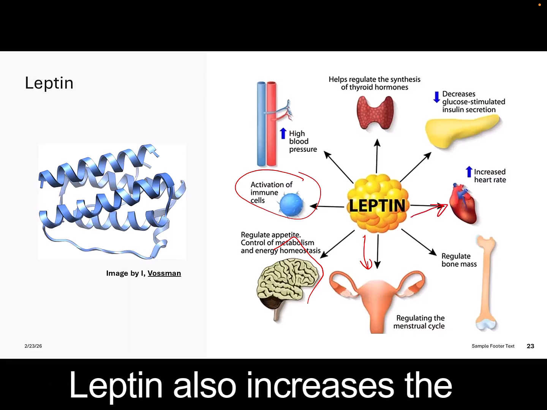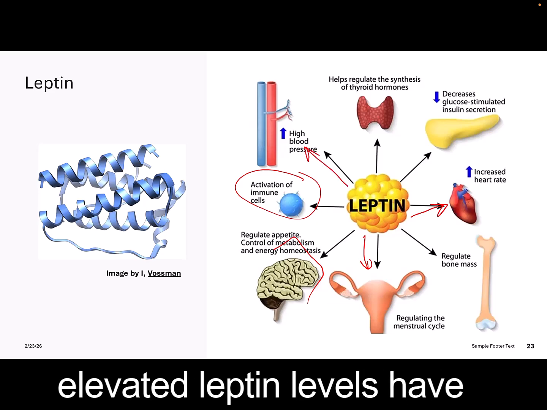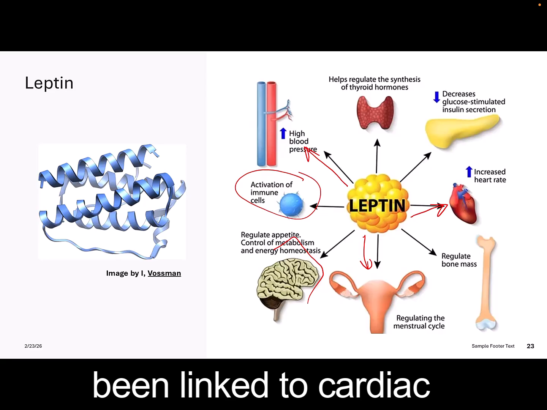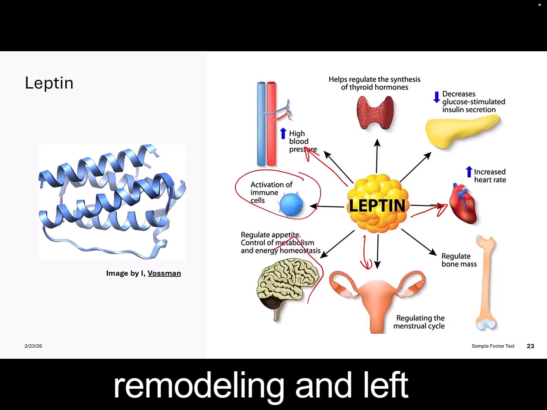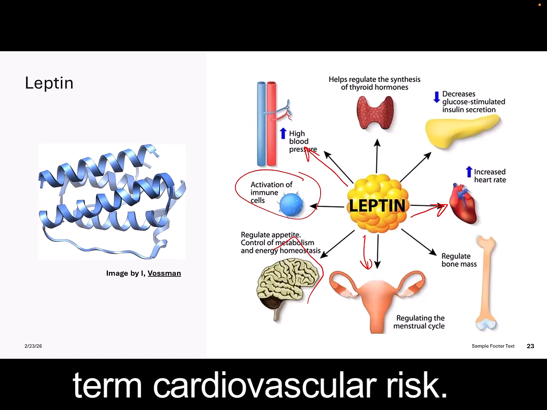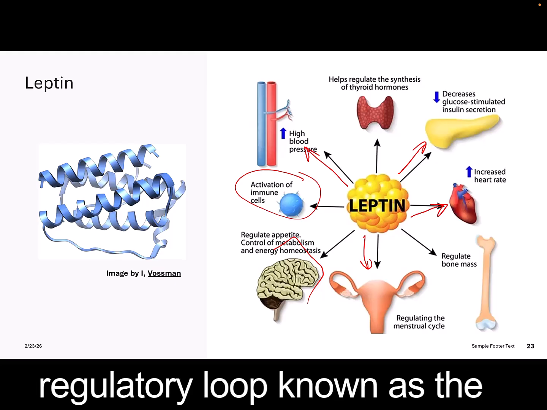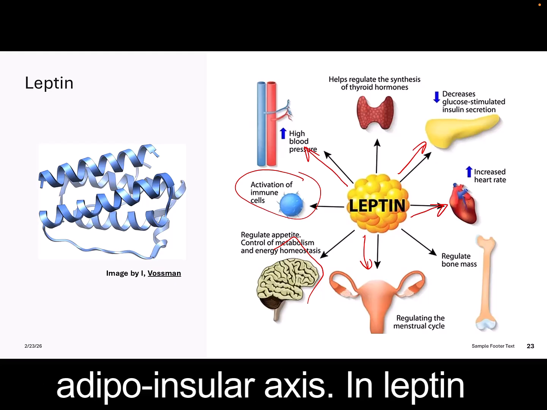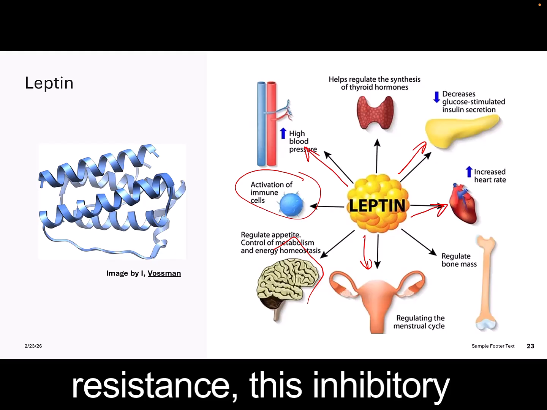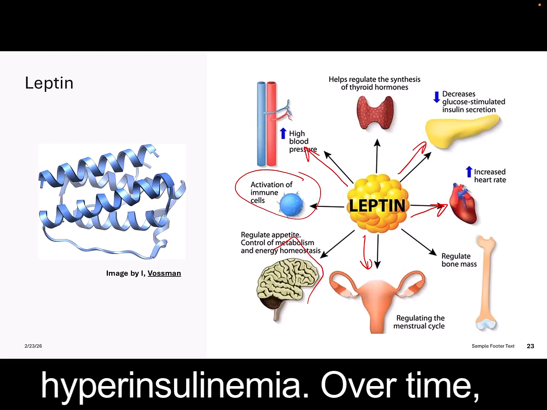Leptin also increases the heart rate and the blood pressure. Chronically elevated leptin levels have been linked to cardiac remodeling and left ventricular hypertrophy, which may increase long-term cardiovascular risk. Leptin normally acts as a brake on insulin secretion, a regulatory loop known as the adipose-insular axis. In leptin resistance, this inhibitory feedback fails, contributing to hyperinsulinemia.